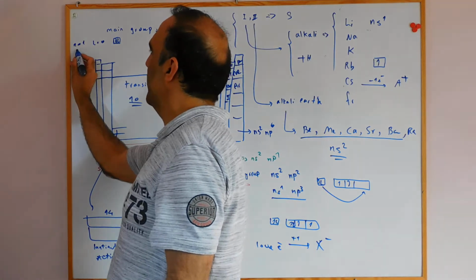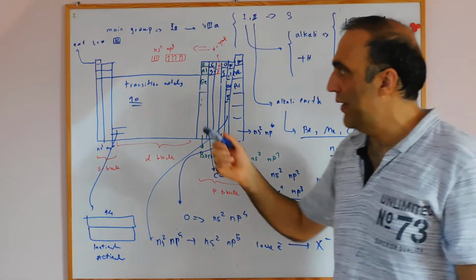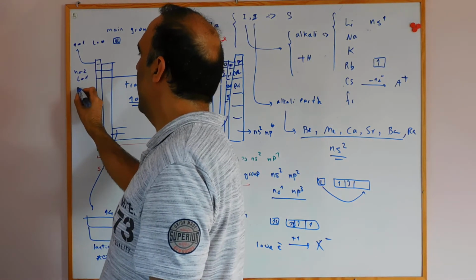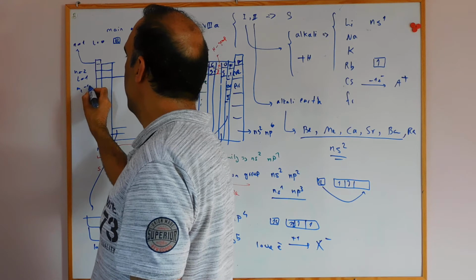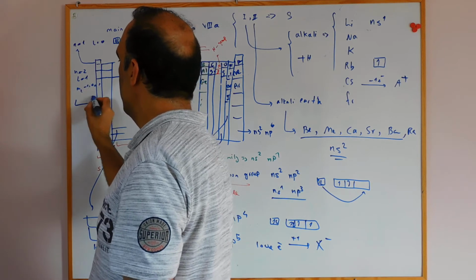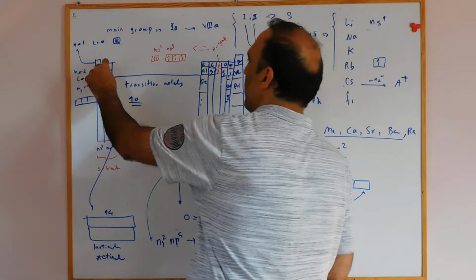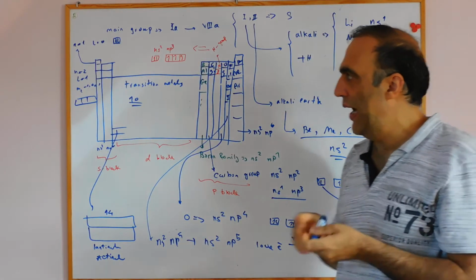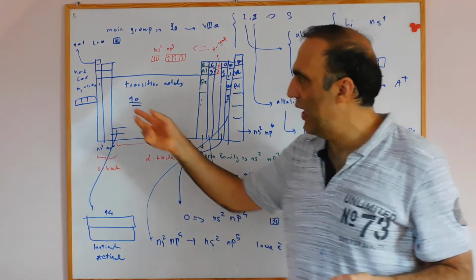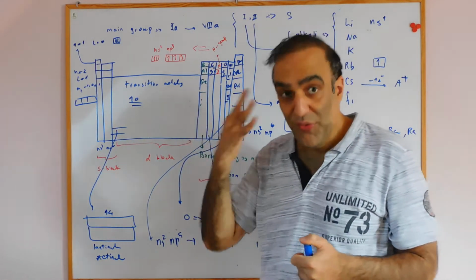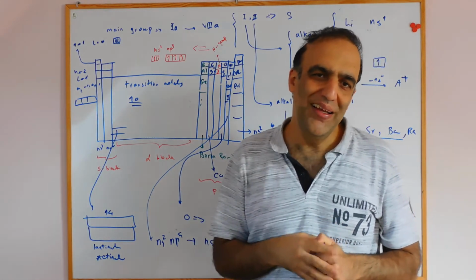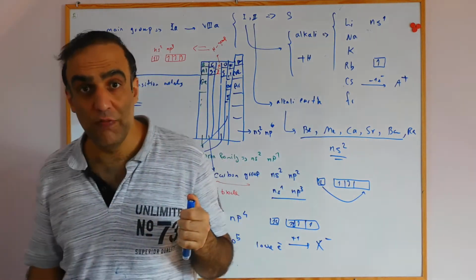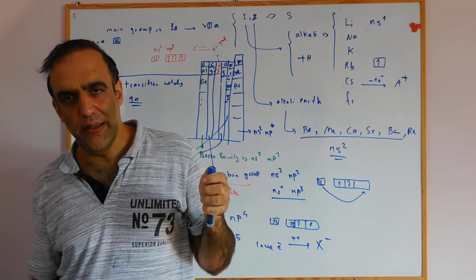This one is for n=1. And if we have n equal 2, l is equal 1, ml between -1, 0, positive 1, 3 places, then we can have these 2s here and 6p here. And from the transition side, we go to n equals 3, and with the lanthanide and actinide part, we go to n equal 4.